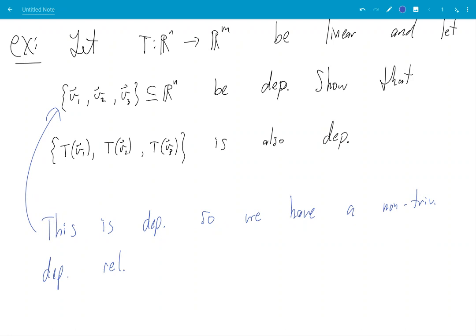We'll say A1V1 plus A2V2 plus A3V3 is equal to 0. Okay, so non-trivial, meaning that A1, A2, A3 are not all zeros. At least one of them is non-zero.